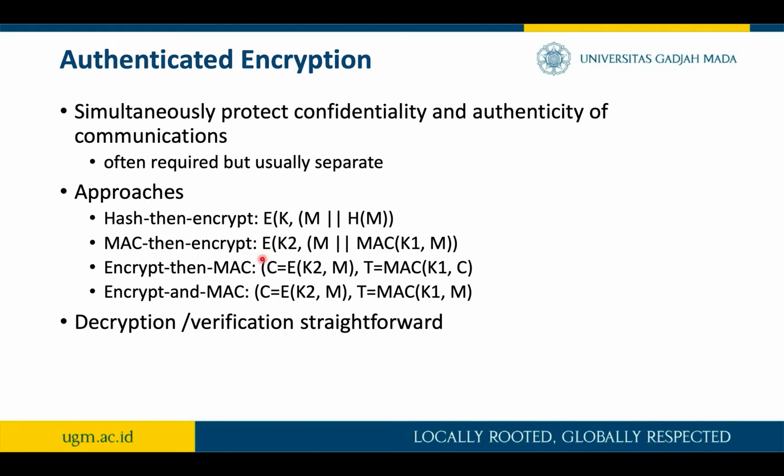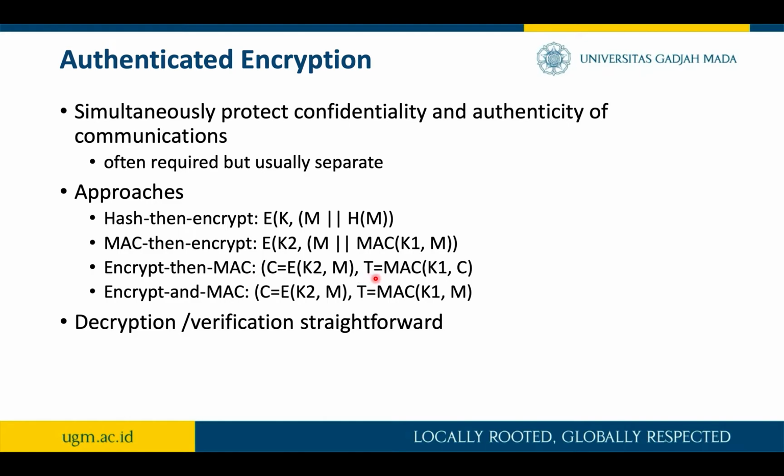Then MAC then encrypt is the second approach. In this case, we calculate the message authentication code of the message using the key, and then the result will be encrypted using another key. The third one is encrypt then MAC.